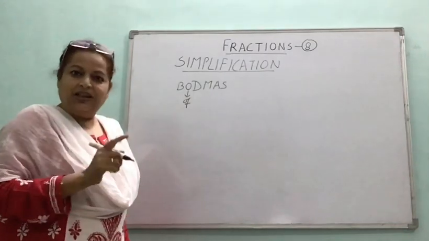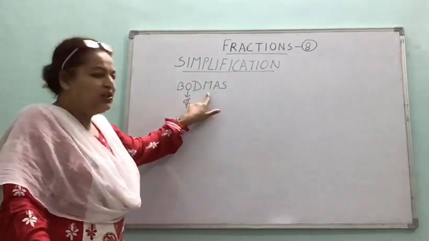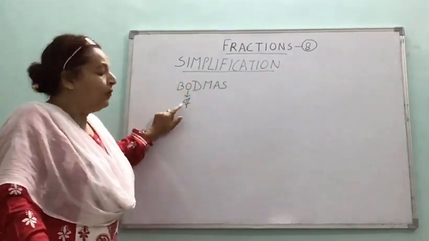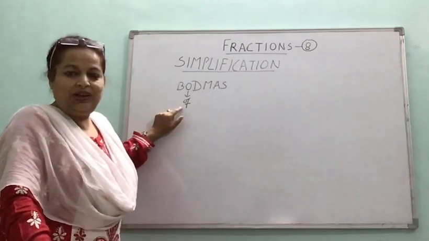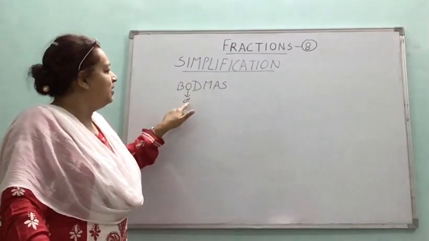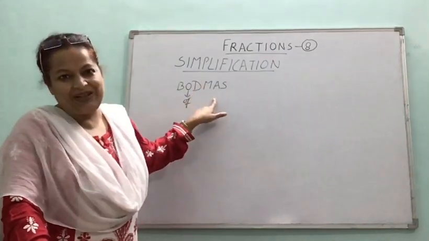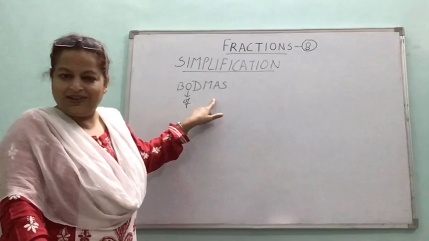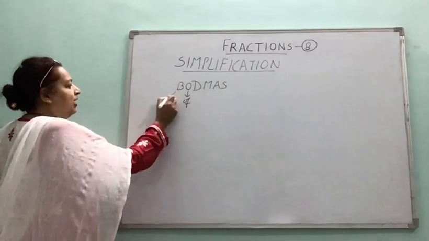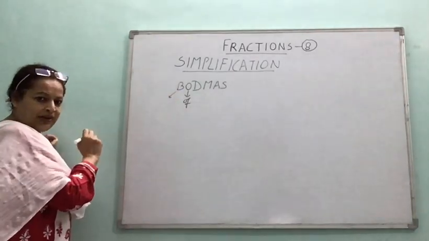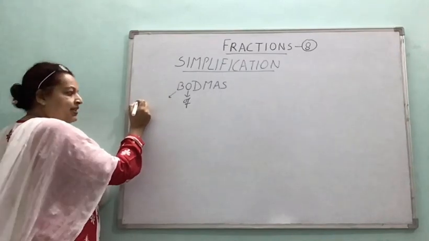Of is multiplication and this is also multiplication, but of stands for multiplication only, and we do not interchange them. First of, then divide, and then multiplication. The order remains fixed, right? And B is for brackets. The bracket order is the same.